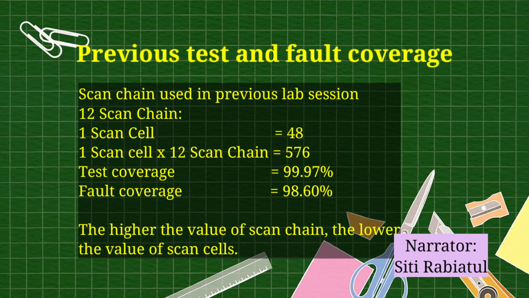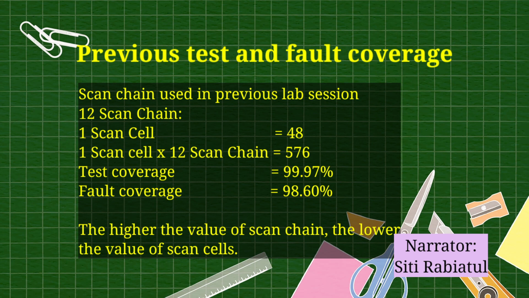For 12 scan chains we get a value of 48 for one chain, then times 12 scan chains, the total number of scan cells is 576. There was not much difference in the percentage values for test and fault coverage. For example, test coverage was 99.97% and fault coverage was 98.16%.